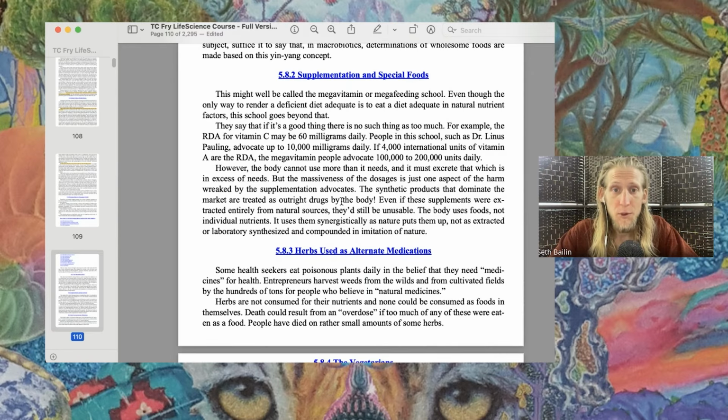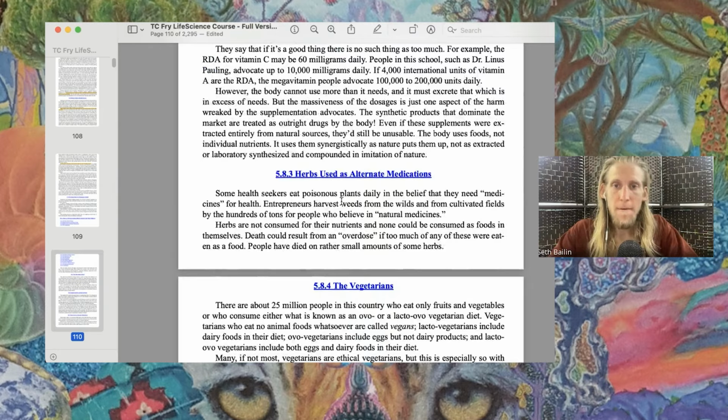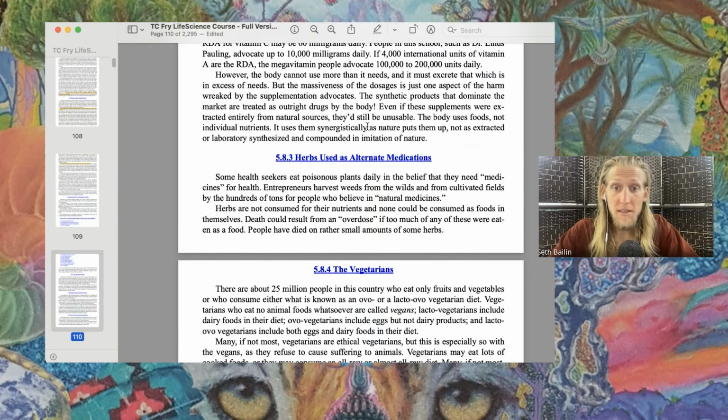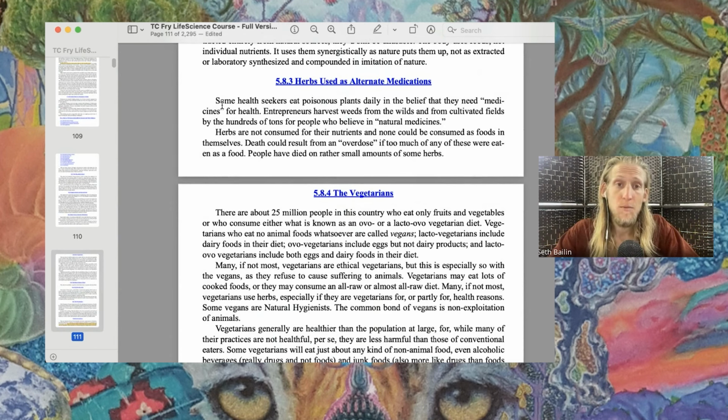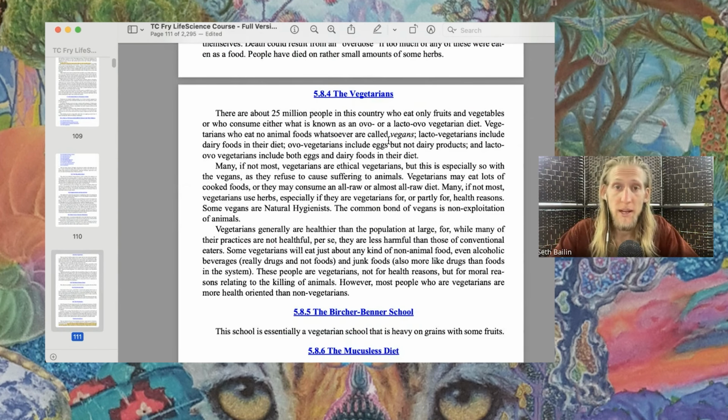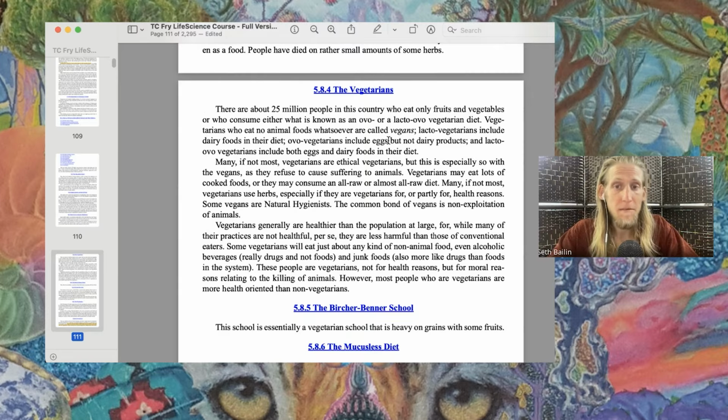Supplementation and special foods. People think that if they get an overdose of vitamin C, that all their problems are going to go away. There are the herbalists, people who swear by herbs. There are the vegetarians who eat a lot of cheese and eggs, but they're not eating flesh. They may be health-oriented or they may be animal-oriented.